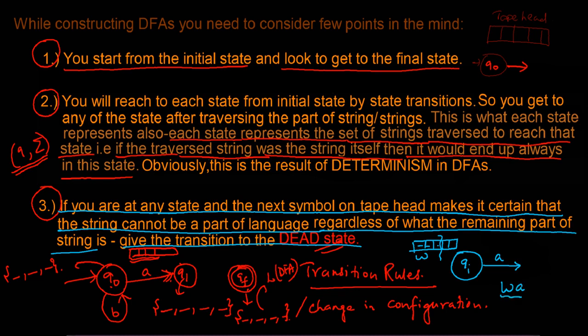If it is certain that after W, seeing A means the string is not part of the language, whatever comes afterwards, then you give this transition to a dead state.